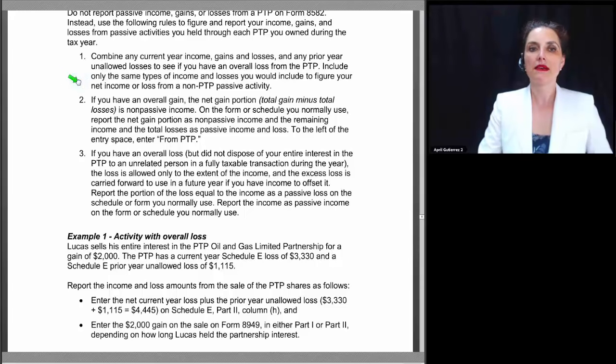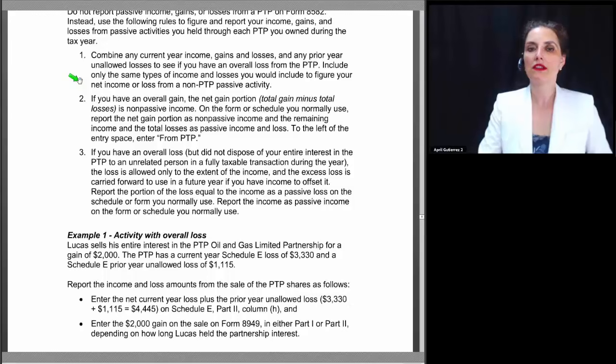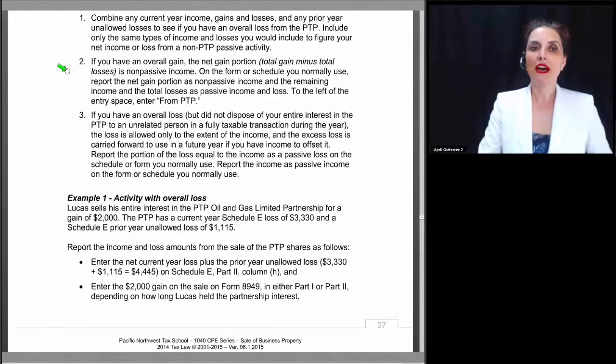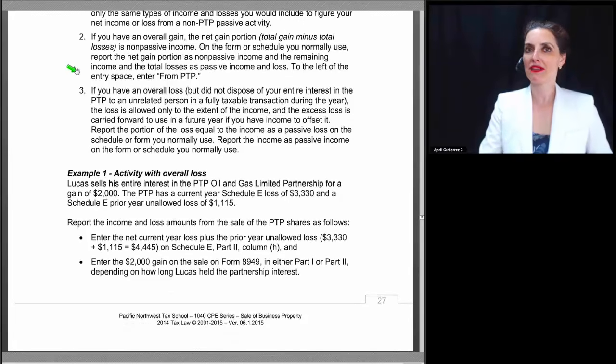Include only the same types of income and loss that you would include to figure your net income or loss from a non-PTP passive activity. If you have an overall gain, the net gain portion, or the total gain minus total losses, is non-passive income. On the form or schedule you normally use, report the net gain portion as non-passive income and the remaining income and total losses as passive income and loss, and to the left of the entry space, enter Form PTP.